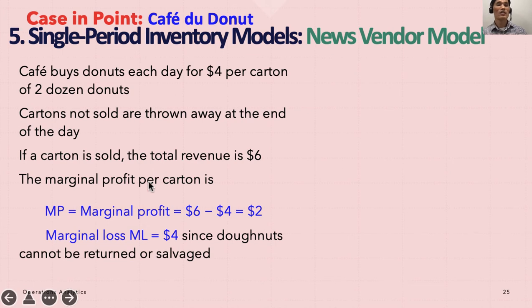So you have to find marginal profit and marginal loss. MP, the marginal profit, is your revenue of $6 minus the cost, which gives $2. And marginal loss, ML, equals $4 because your cost is $4 per carton.